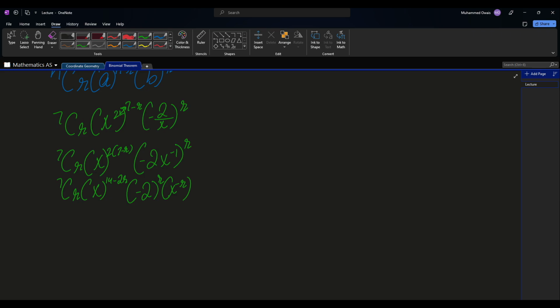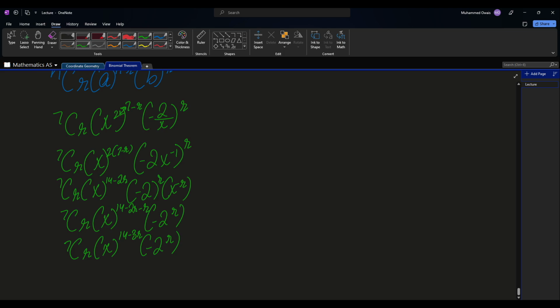And now this is 7Cr x power 14 minus 2r minus r, and then minus 2 power r. So 7Cr into x power 14 minus 3r into minus 2 power r.